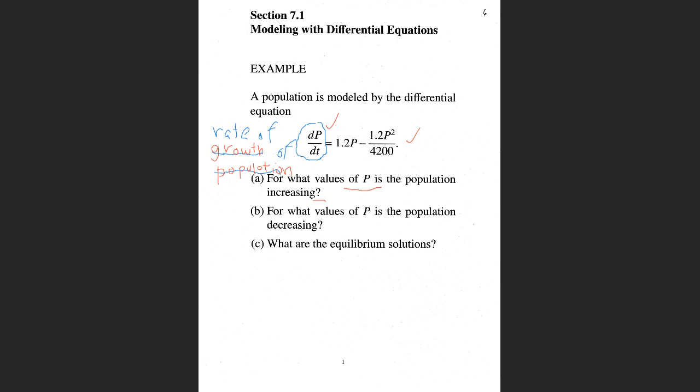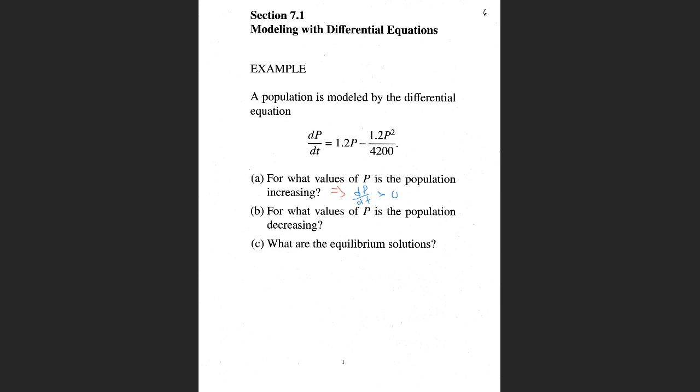If we think about the derivative dp dt, certainly if the population's increasing, that's right, Nathan, this would imply that dp dt is greater than 0. Absolutely.